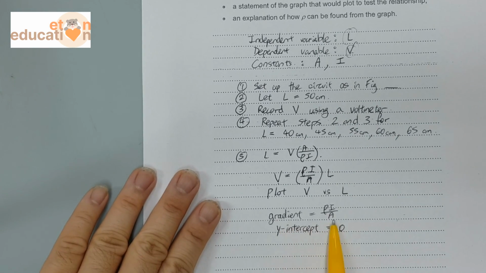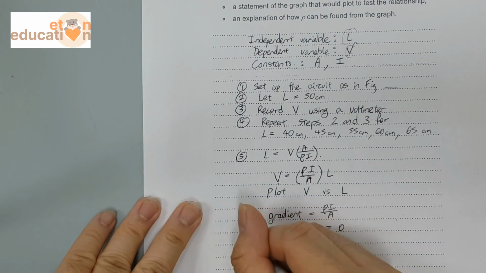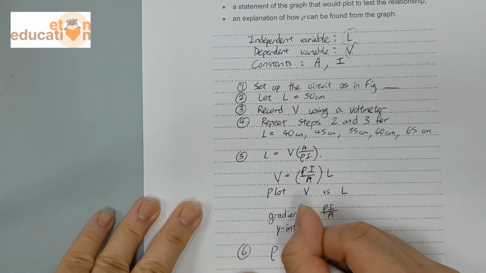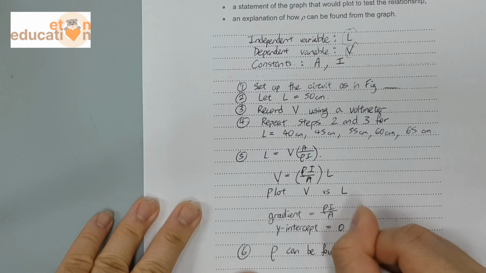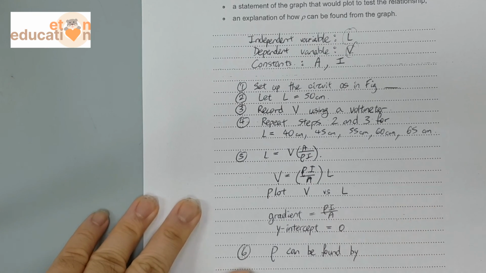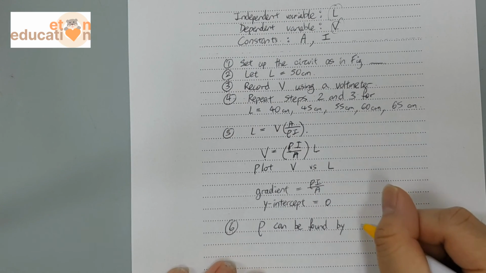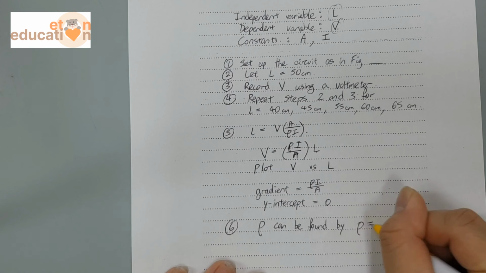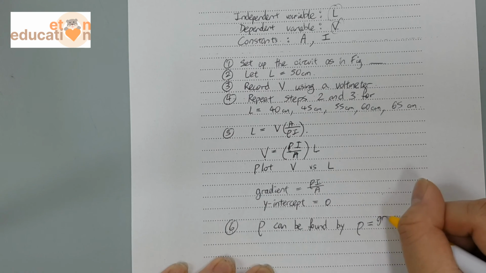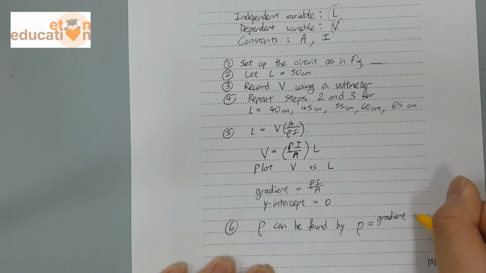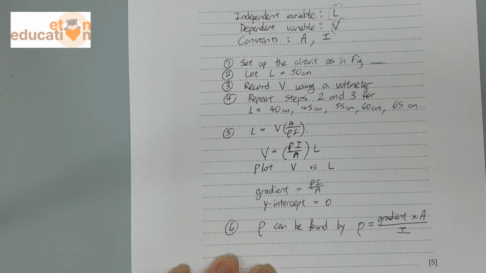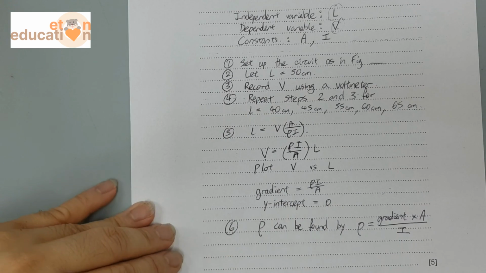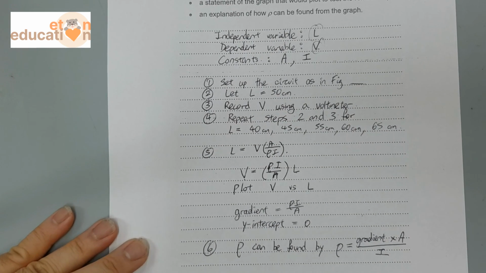You can see the gradient and rho is here. So for the last part, rho can be found by, now I write the equation, rho equals gradient times A over I. So that is how you do your planning.